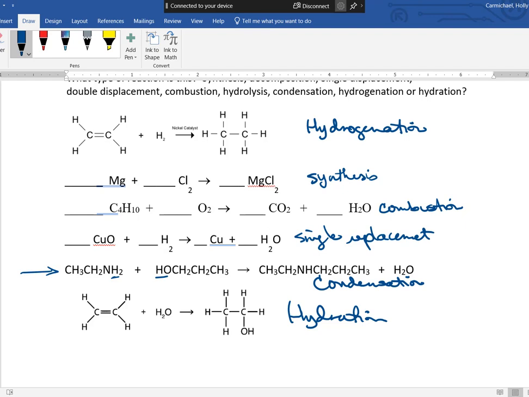This is the kind of question that you're going to see on an exam, asking you to identify what kind of reaction this is. You've got to look at it and notice that they all have patterns to them, to identify hydration, hydrogenation, hydrolysis, synthesis, single displacement.